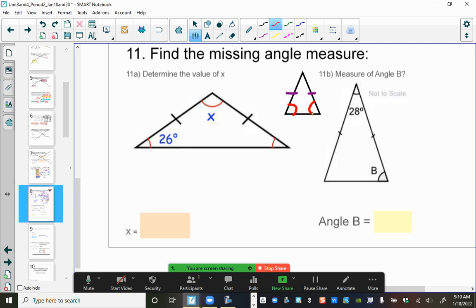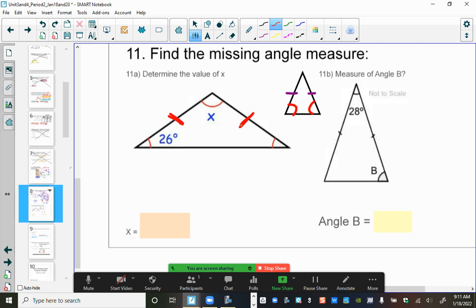So for instance, we'll look at this problem together. You'll understand why. It's an isosceles triangle, and you have 2 sides that are congruent. Whatever 2 sides are congruent, the 2 opposite angles must also be congruent.